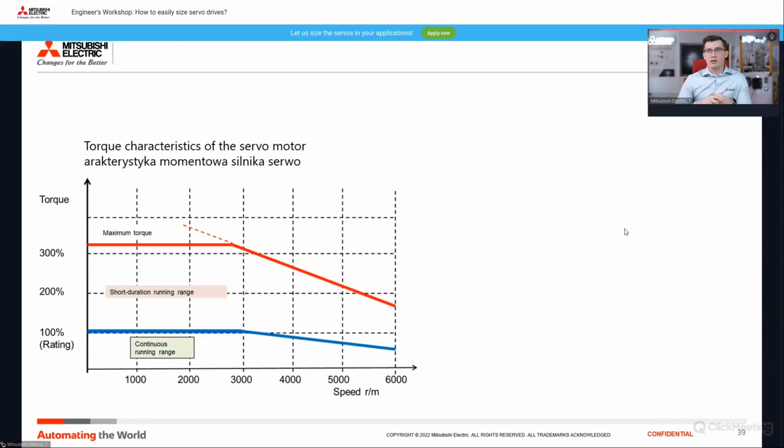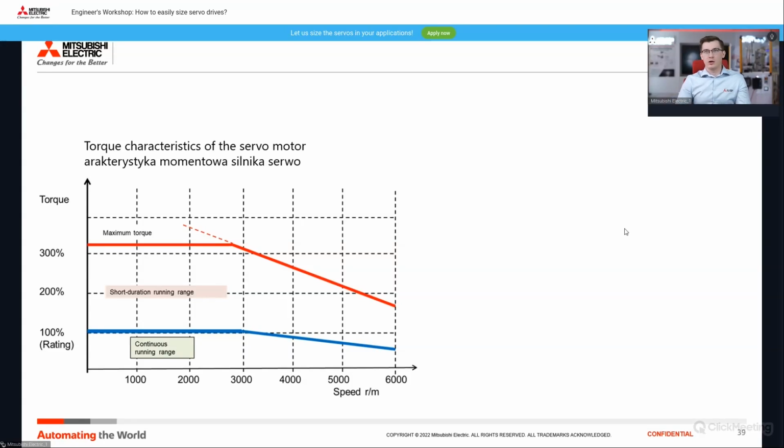For example, the motor has 1 Newton meter rated torque, but we need to use 3 Newton meters, but for some time. Then do we have to find a 3 times bigger motor? No, because of the overload. But the question is how long we can overload the motor, because if you could always use this overloading part, then this characteristic would not be divided.